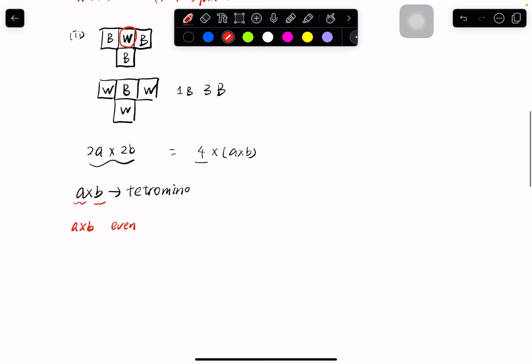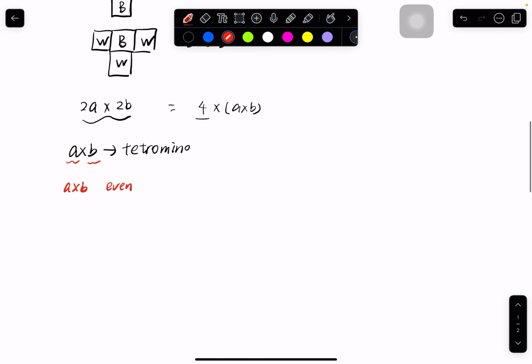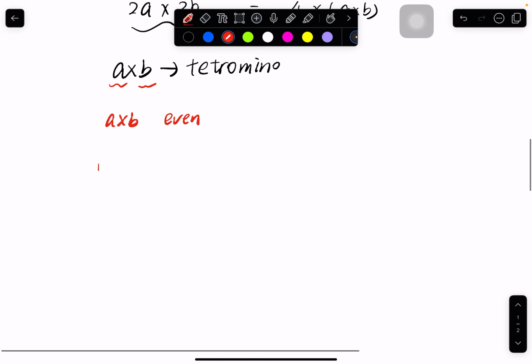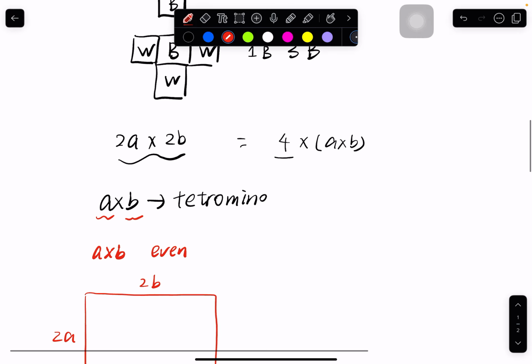Now let's color this 2a times 2b rectangle.